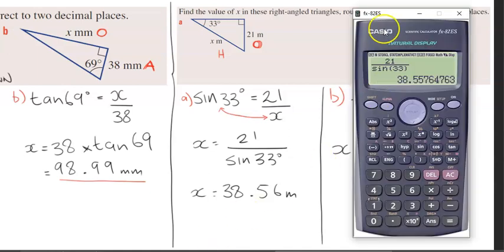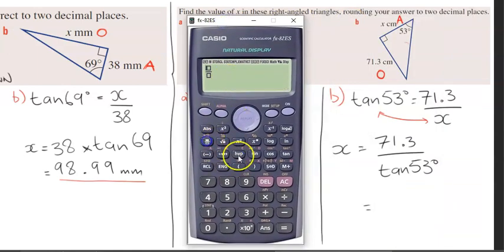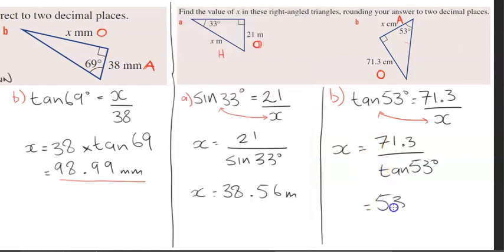So our x value in this case, as a fraction, 71.3 over tangent, or tan, of 53 degrees, is 53.73. 53.73 centimeters, and that's our x value.